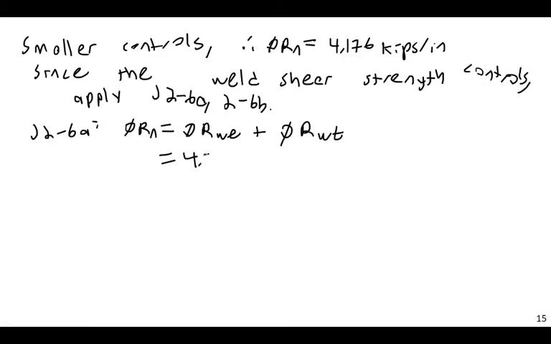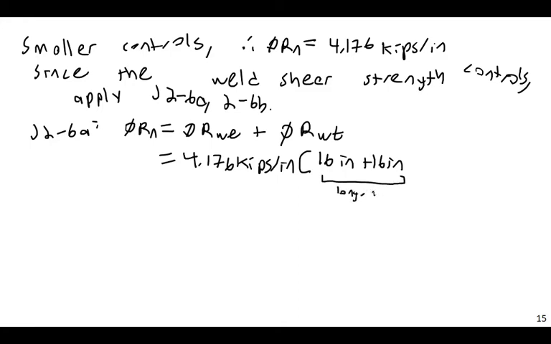So this is 4.176 kips per inch times 16 inches plus 16 inches. This is the length of the longitudinal weld. And plus 10 inches, this is the transverse weld length.